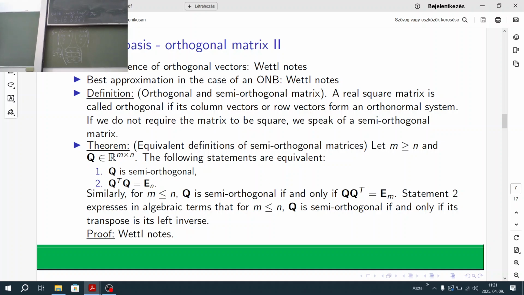This is 0. This is 0. 0, 1, 0, 0, 0, and 1.